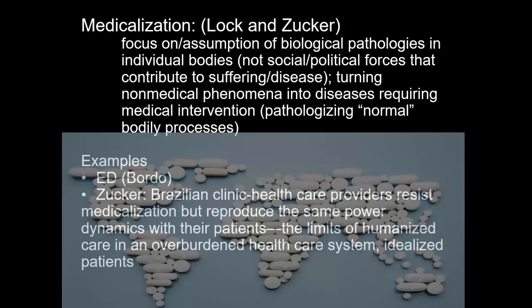That men in middle age will behave differently in terms of their sexuality than men, for example, in their 20s. And what she suggests is that turning ED into a disease category, and particularly one that needs to be medicated through the use of pharmaceuticals, is both doing a disservice to normal processes of aging, and it's turning that into a sort of pathology and something that needs to be medicated.